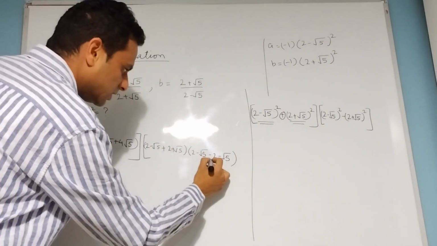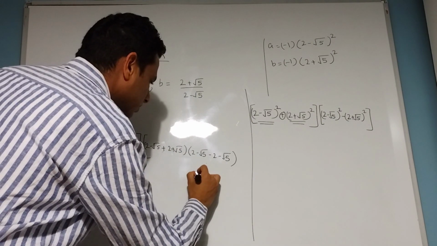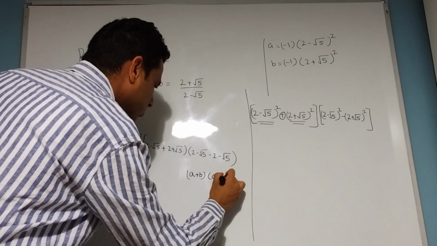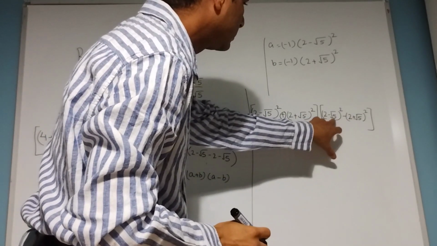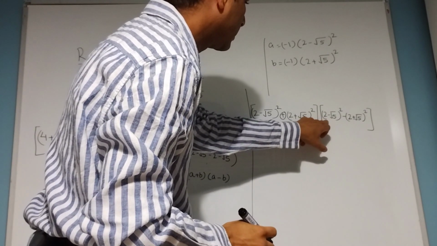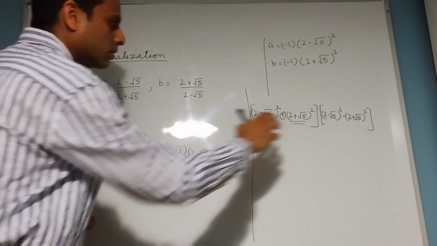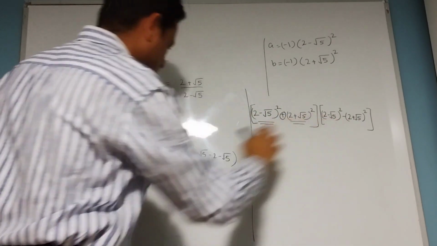Make a note of this negative sign here. What we did was a plus b into a minus b. Now here we saw that this part a squared minus b squared is a plus b, 2 minus root 5.